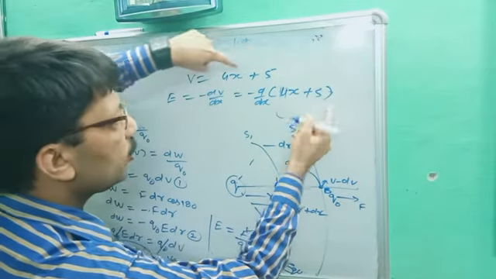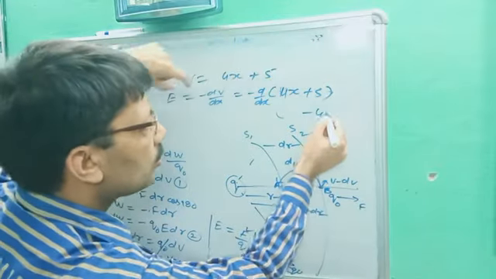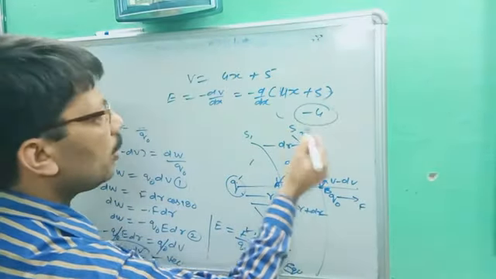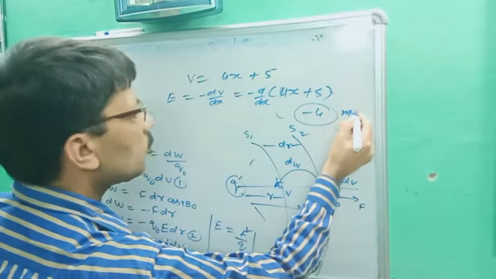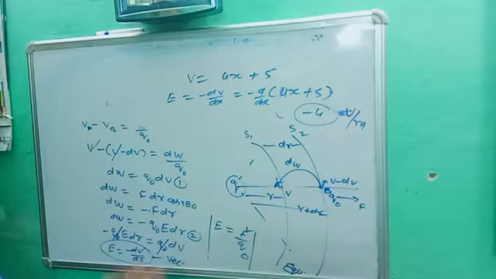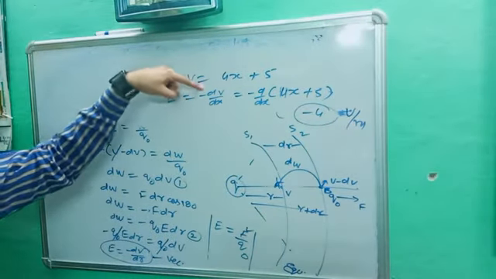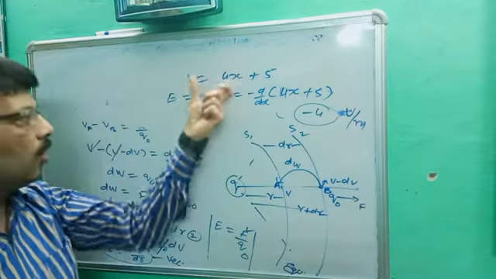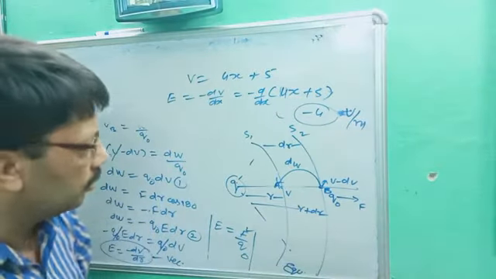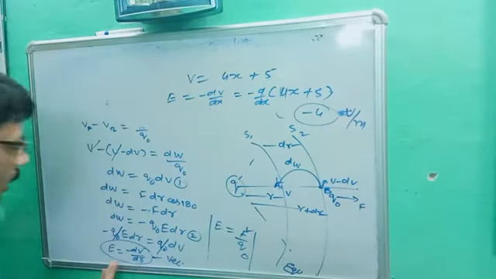You differentiate it, you will get 4, and the differentiation of 5 will be 0. So the answer will be minus 4 volt per meter. Such numericals we can attempt by this formula, E is equal to minus dV upon dr or minus dV upon dx. So this is all about the relation between electric field and potential.